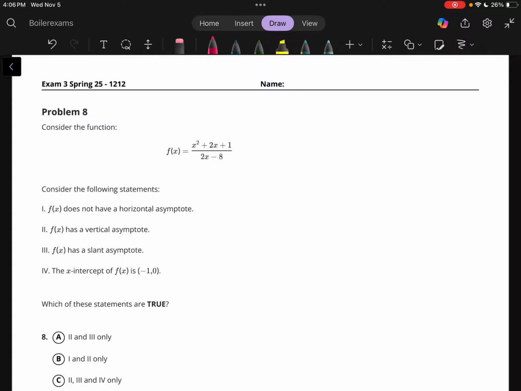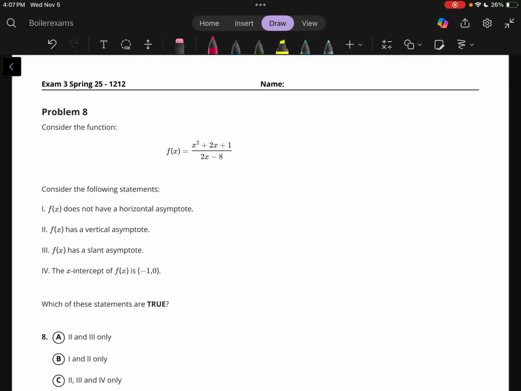Okay, so first let's consider when a function has each type of asymptote. A function has a horizontal asymptote only if the degree of the numerator is less than or equal to the degree of the denominator.